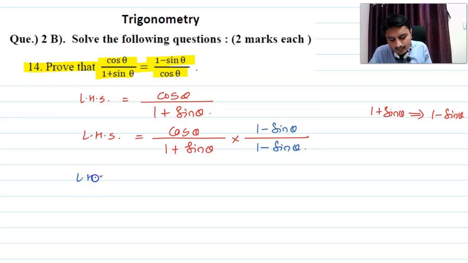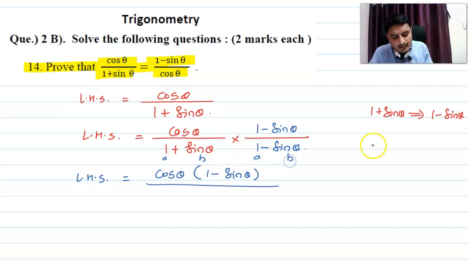After simplifying the LHS, we get cos theta into, in bracket, 1 minus sin theta whole divided by, look at the denominator, which is of the form a plus b into a minus b.